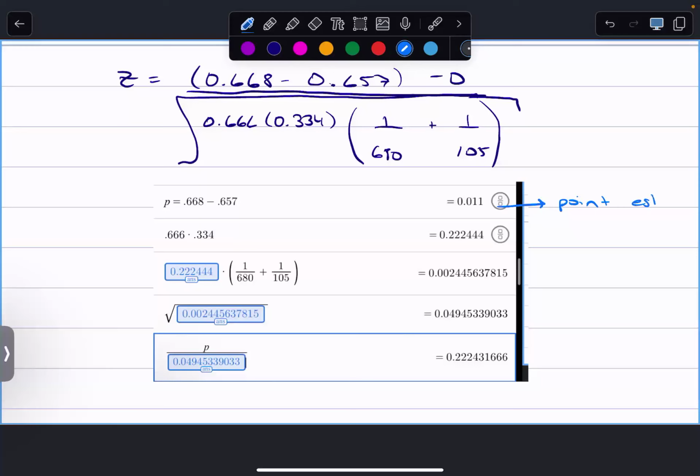So this is our point estimate, and this is the spread, the standard error. So it makes sense that we get a very small Z.